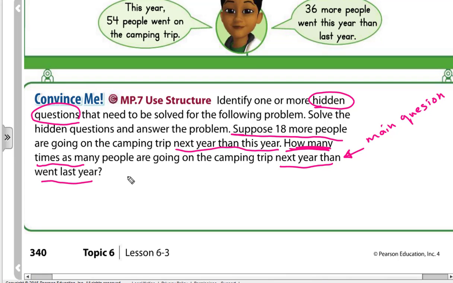Let's start first with the video. In the video, what was the number last year? And what was the number this year? The number last year was 18. And this year, 54. Okay, so this is from the video, my heroes.